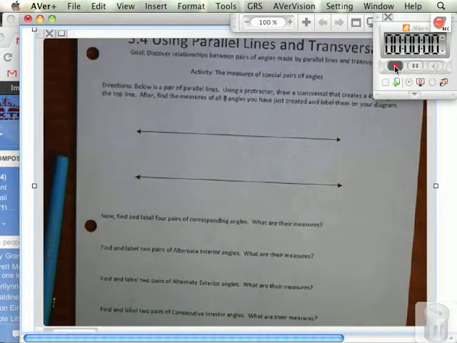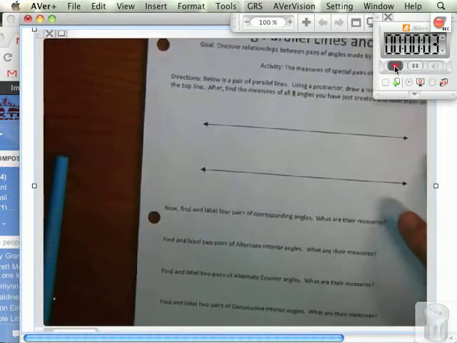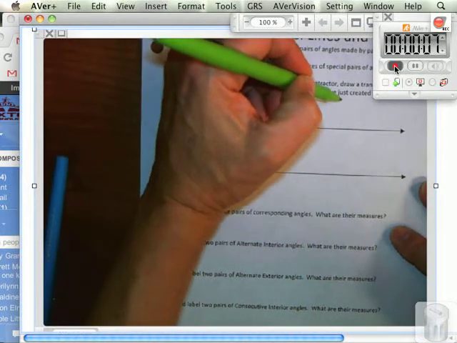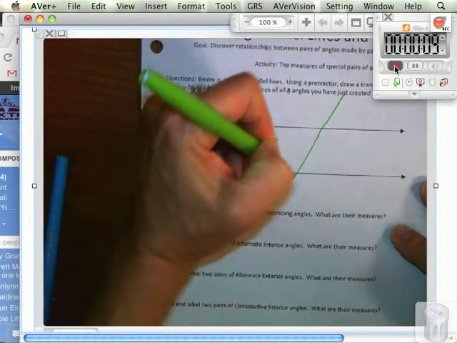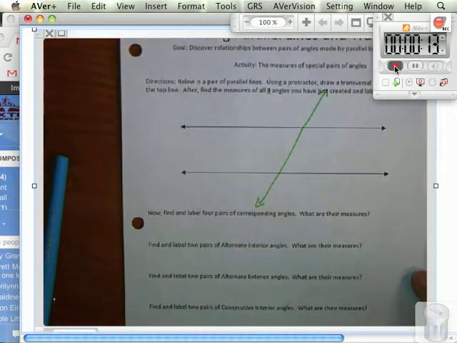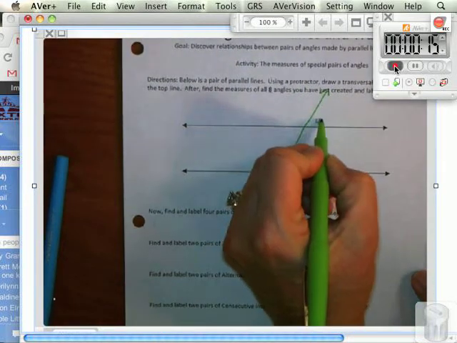Well, I'm just going to have you copy me, and we won't actually spend time on it. A 45-degree angle is halfway between a 90, so something like this is your transversal. And we're going to say this is 45 degrees.